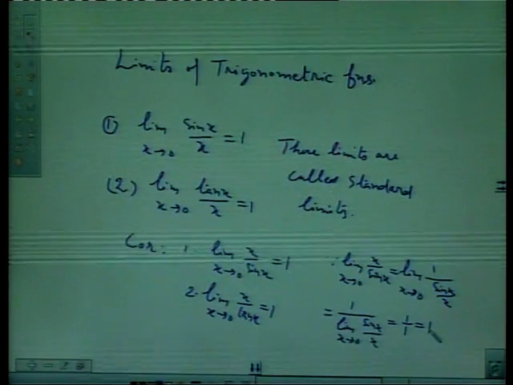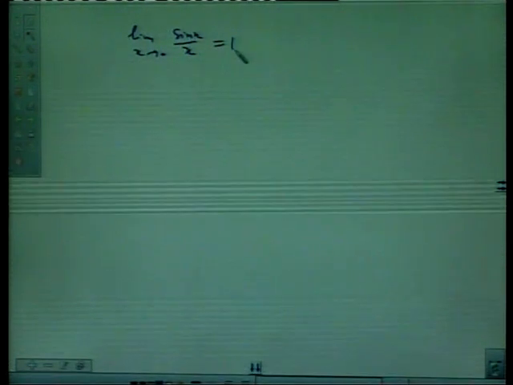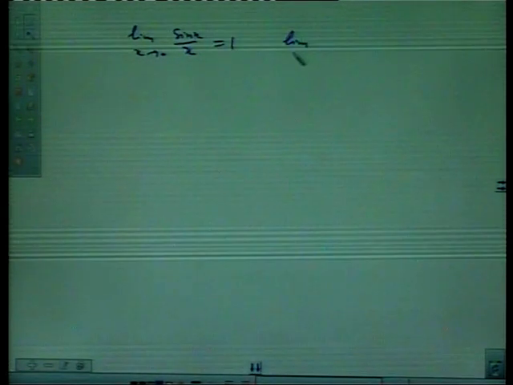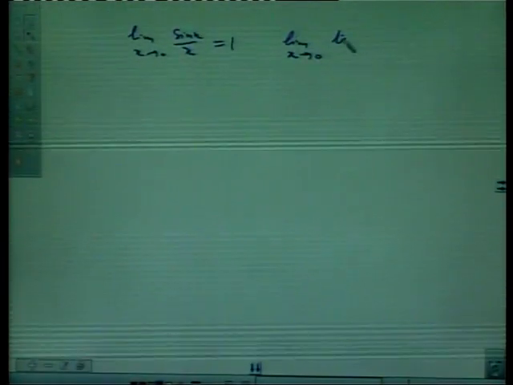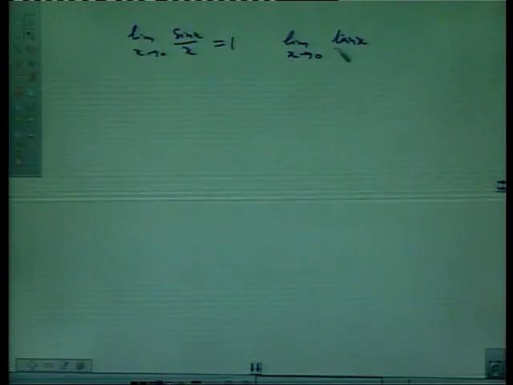So, first of all, as we have written two limits, limit x tends to 0 sin x upon x equal to 1. Second is limit x tends to 0 tan x upon x again equal to 1.